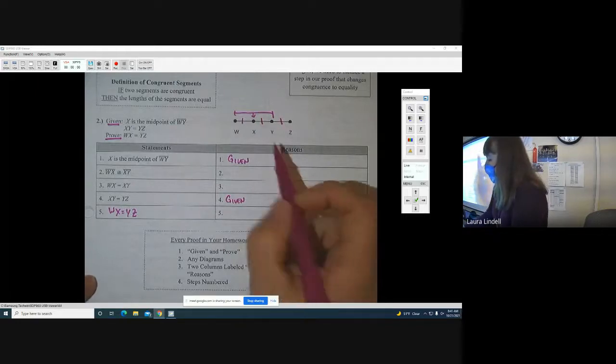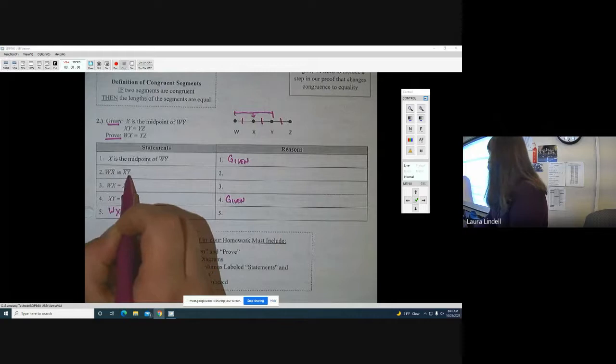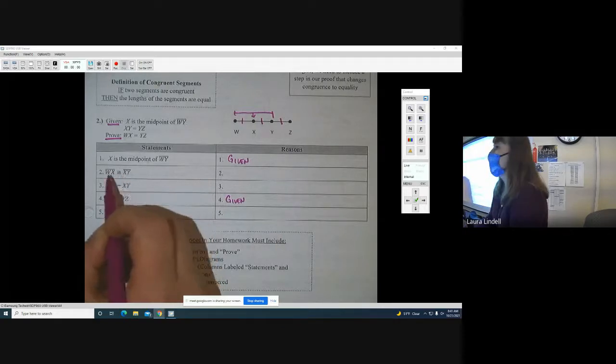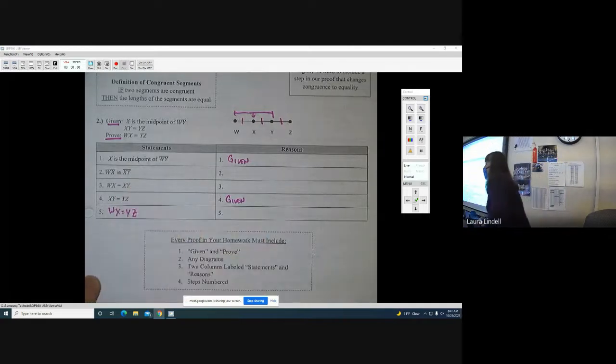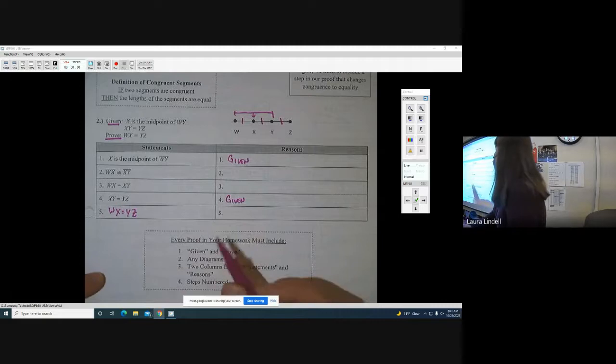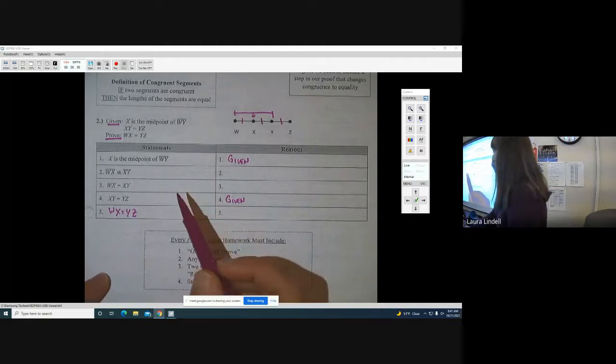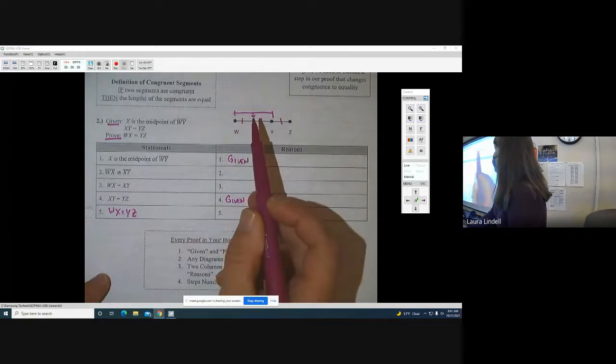All right. And it just so happens that the next step is that WX is congruent to XY. How do I know that? What's that? The congruent thing? Almost. If I know that these are congruent, oh, because of the lines.